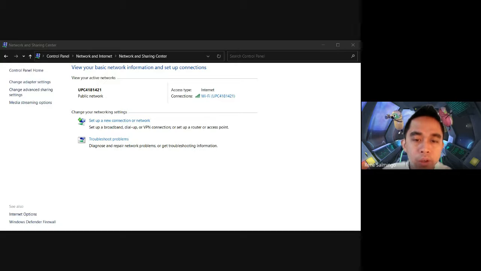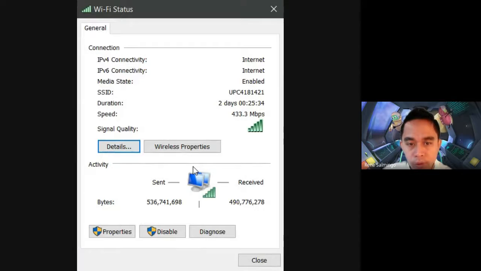Did you click? You need to click your Wi-Fi status connections. You're going to click Wi-Fi, see, disconnect. So this one, and you need to click Properties.